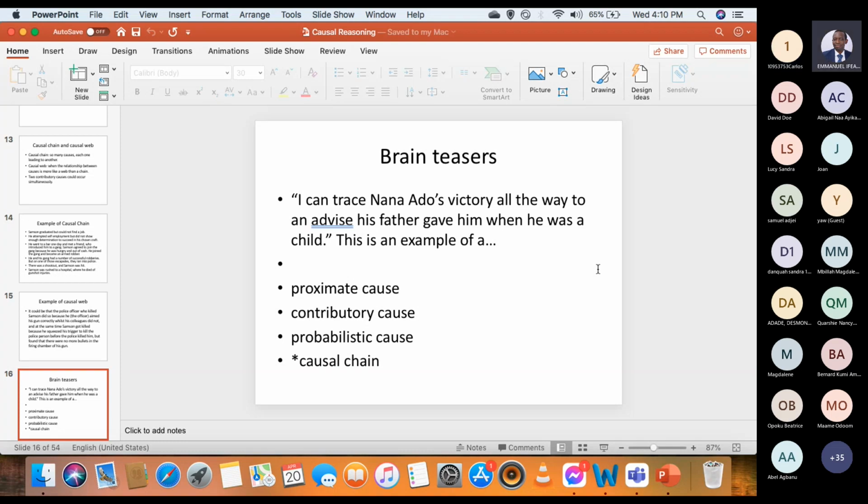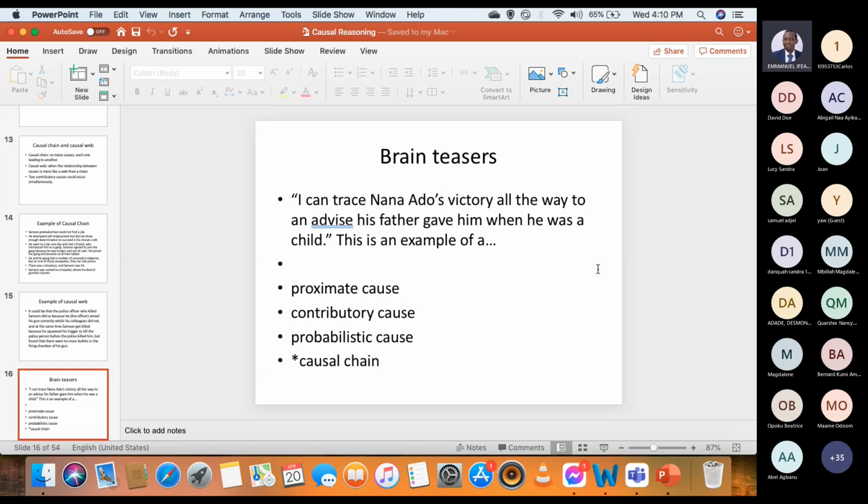I think I get what you are thinking about. You are thinking about the possibility that some other causes, for instance some contributory causes, could also be probabilistic causes.